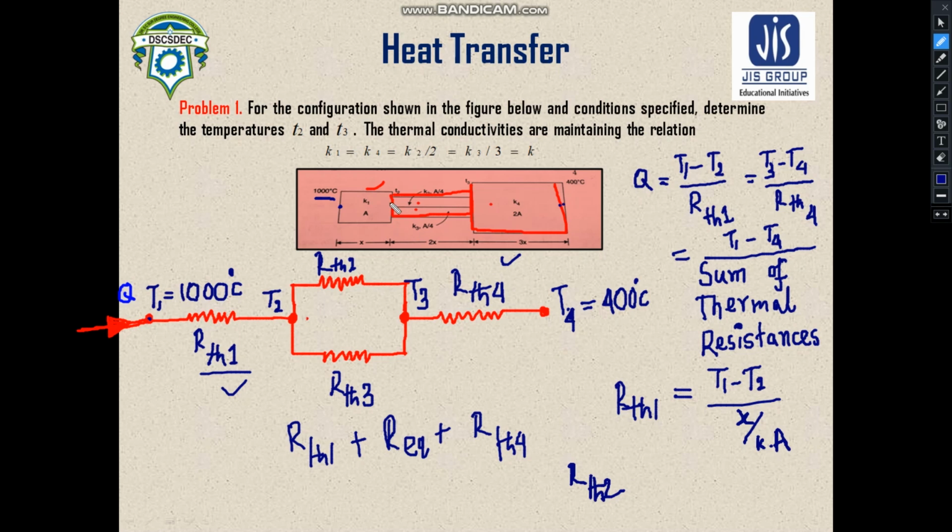For this case, when heat is flowing through this wall, it would be T2 minus T3, because T2 and T3 are the boundary temperatures, divided by, for this case you need to consider this K2, the thermal conductivity.